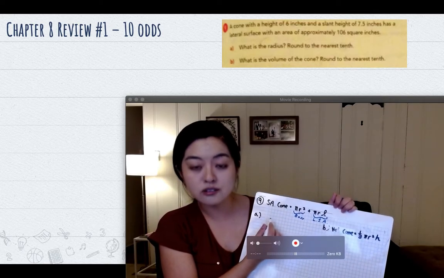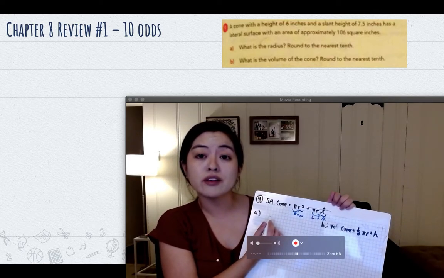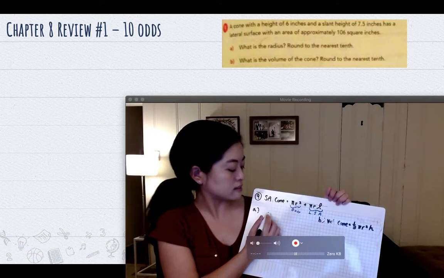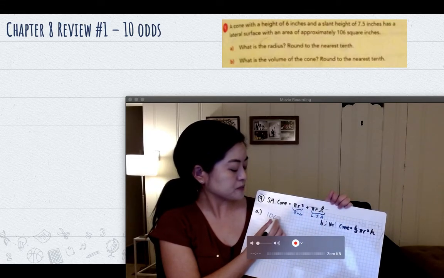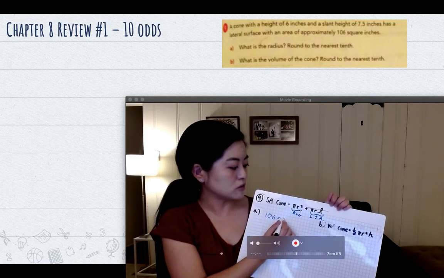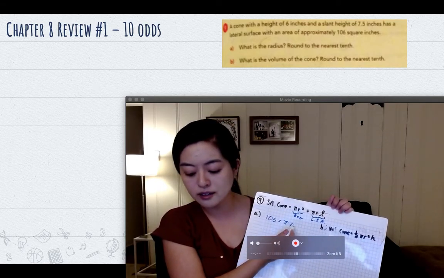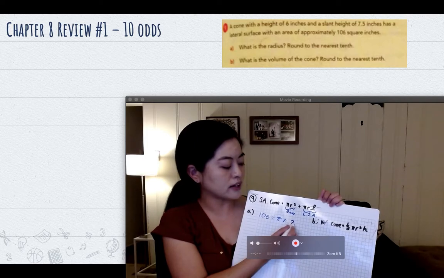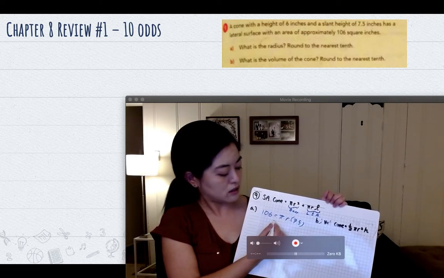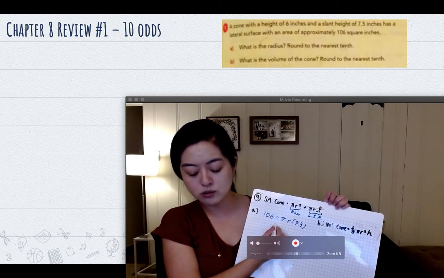So let's see. They give us that the lateral surface area, 106 square inches, is equal to pi times r times the slant height, which is 7.5.